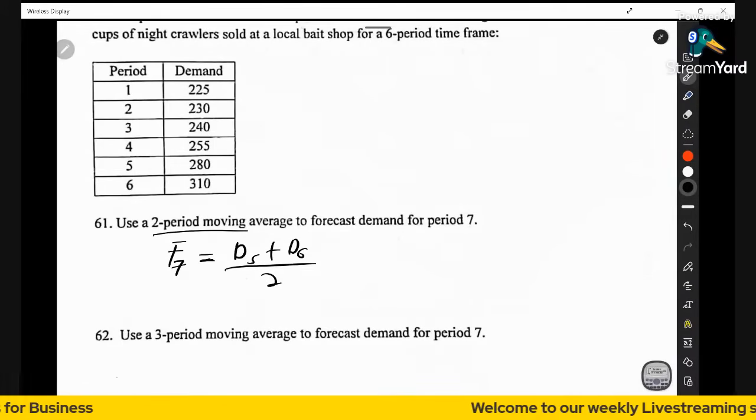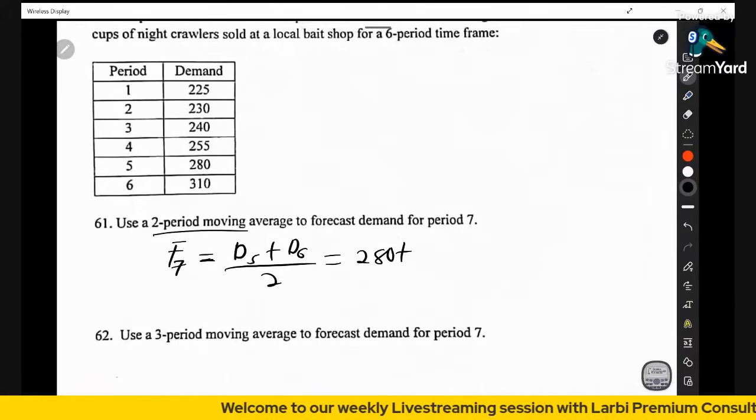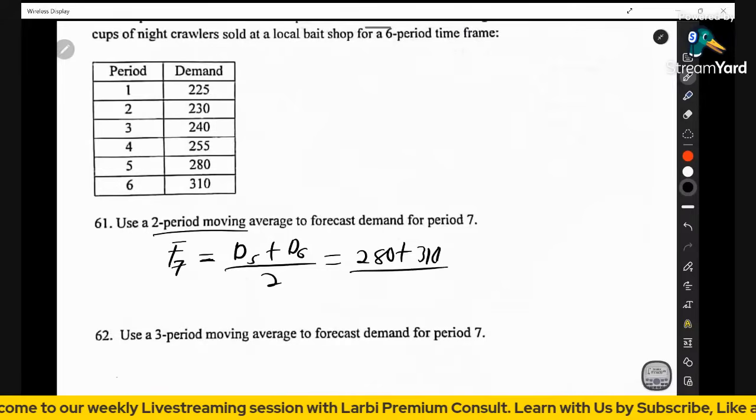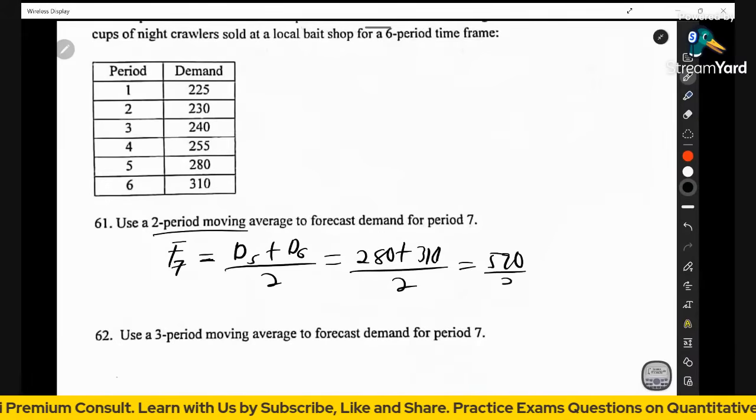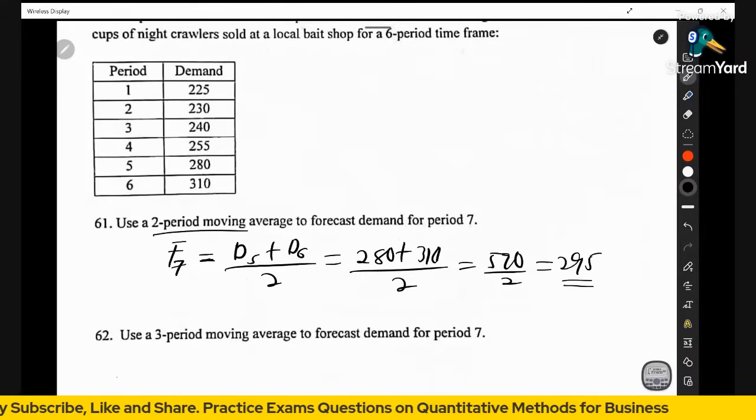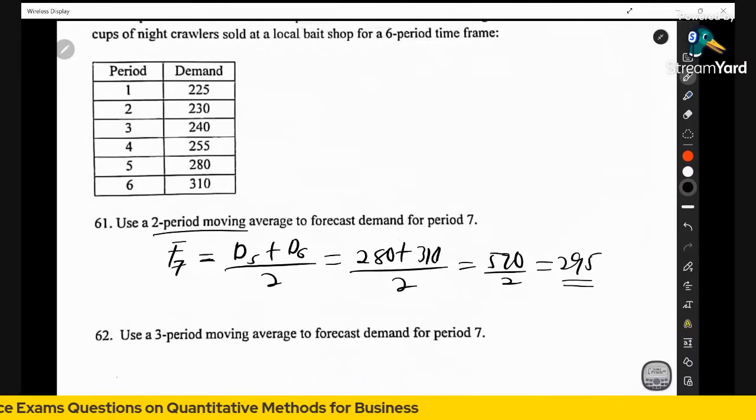Okay, so what are we getting? We have 280 plus 310 divided by 2. So in that line, we are getting 590 divided by 2, and we are getting 295. So 295 becomes the forecast for week 7 using a 2 moving average.